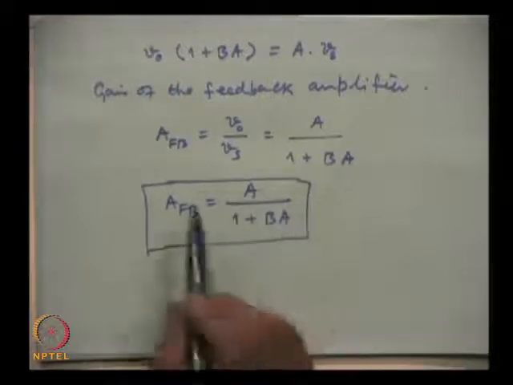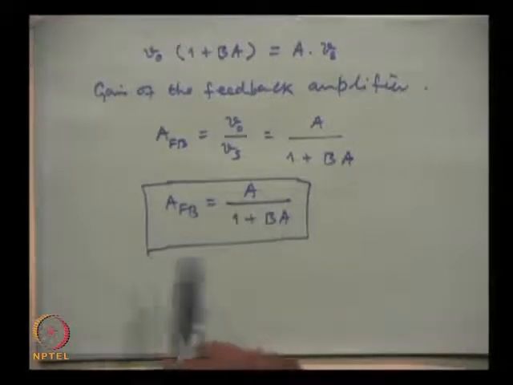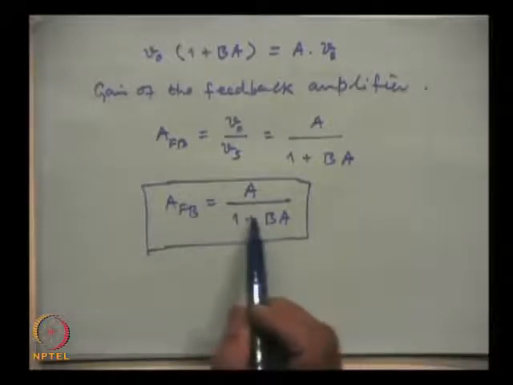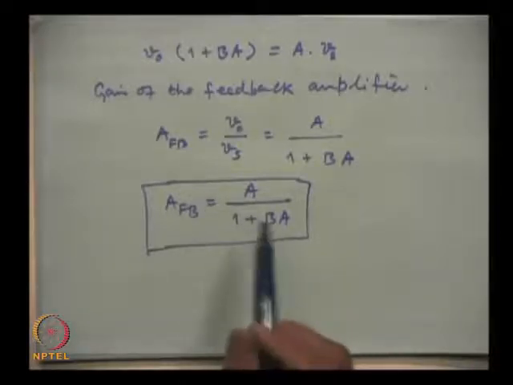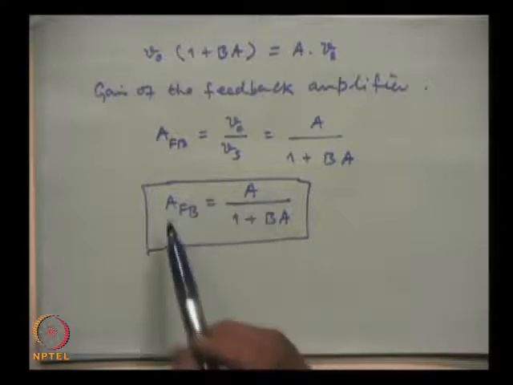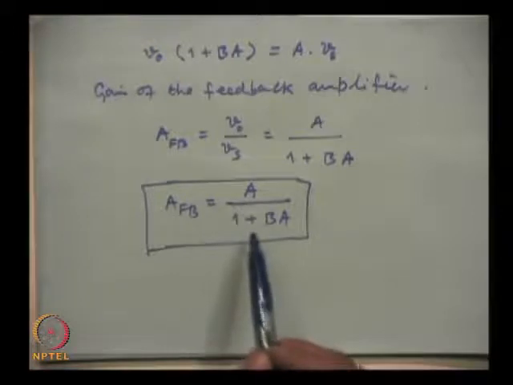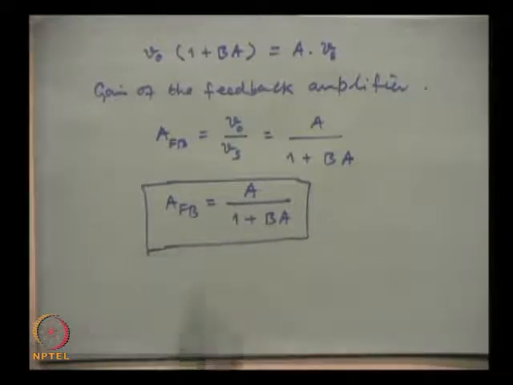This is the fundamental relation for negative feedback. When it will be positive feedback, then simply this sign will be minus. The expression for positive feedback becomes AFB equal to A divided by 1 minus BA. So forget about positive feedback, we are talking about negative feedback. This is the basic equation.